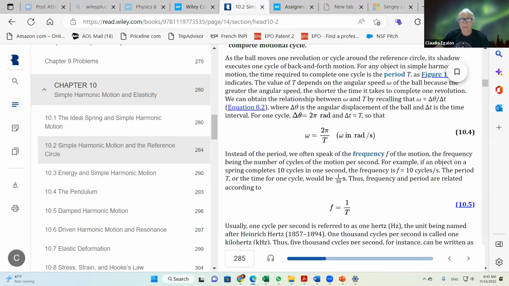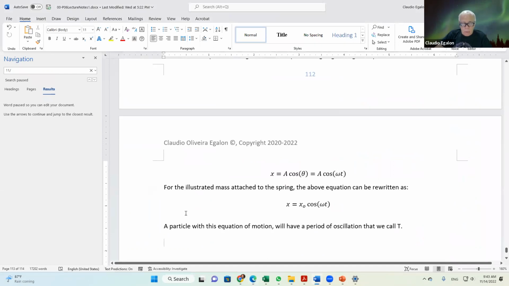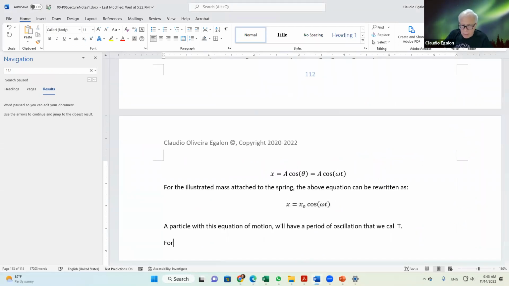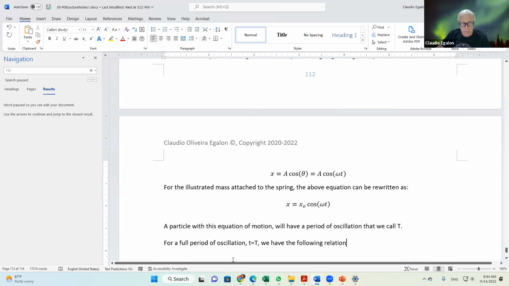So I can go ahead and, for a full period of oscillation, t going to t plus capital T, we have the following relation.